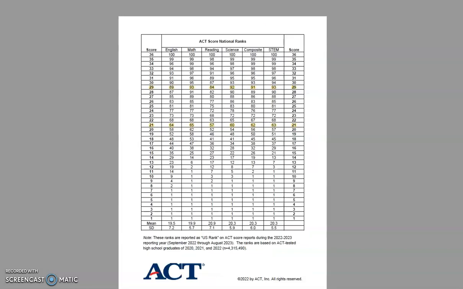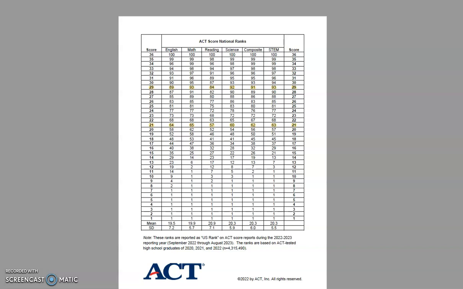Another great resource is the ACT Score National Ranks. I have highlighted here 29 because in the state of Tennessee, there are some exciting scholarships connected with the 29, and 21 is connected with the Hope Scholarship in the state of Tennessee.